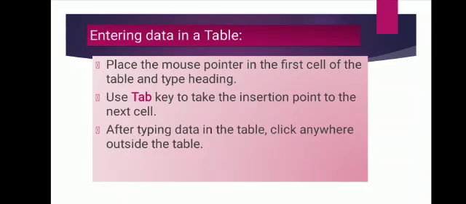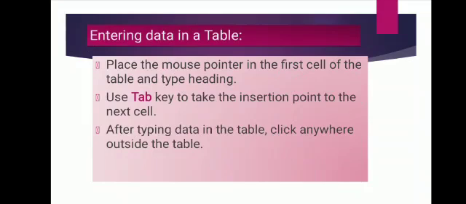If you want to make some modification in the table, means if you want to add a row or insert background colors, then we will discuss that now. For inserting a row, place the cursor in the cell and right click with the mouse. Then a shortcut menu will appear.